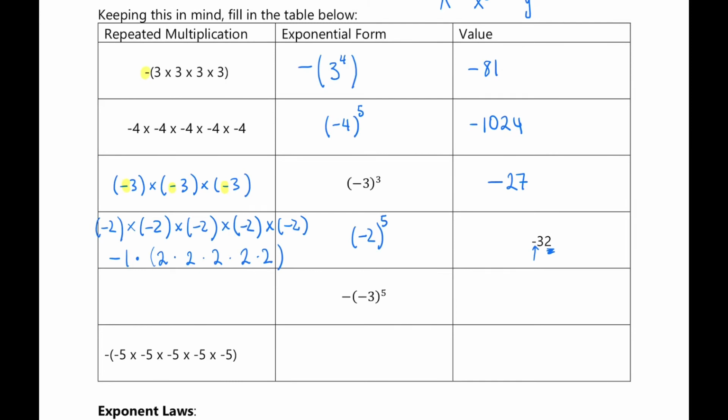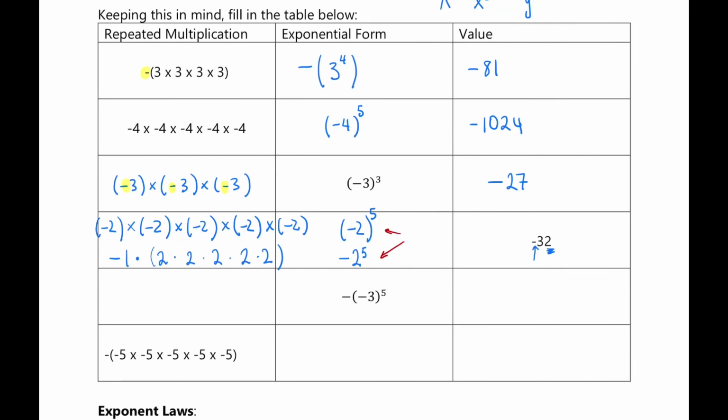Then we can actually just say that this is equal to negative 2 to the power of 5. And we'll discuss why in this case the location of a sign doesn't matter in the next lesson.